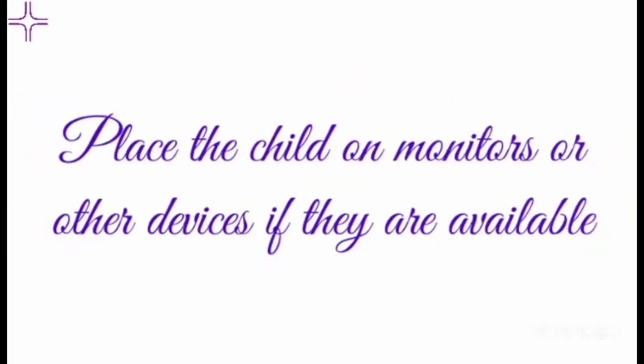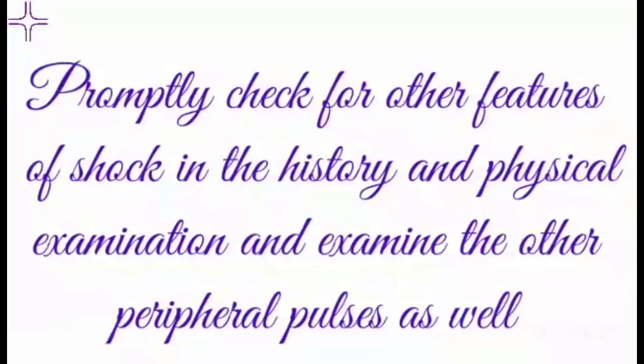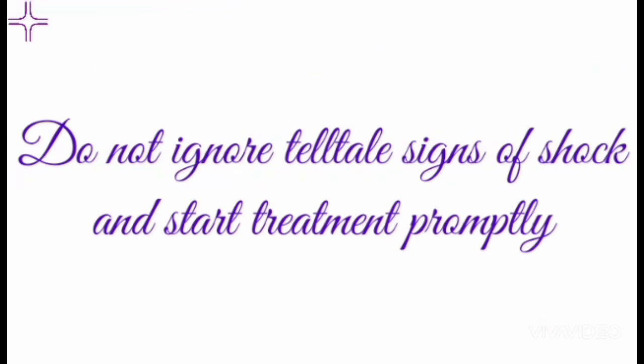Place the child on monitors or other devices if they are available. 5. Promptly check for other features of shock in the history and physical examination, and examine the other peripheral pulses as well. And 6. Do not ignore telltale signs of shock and start treatment promptly.